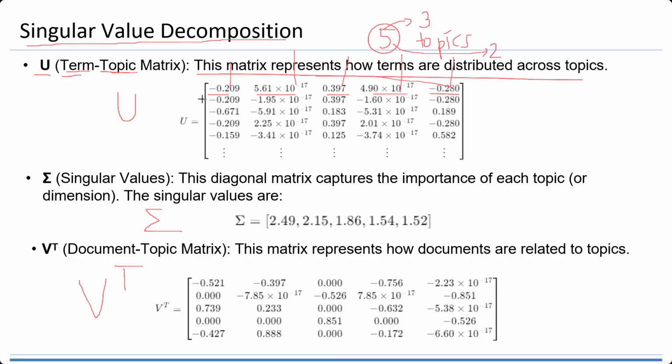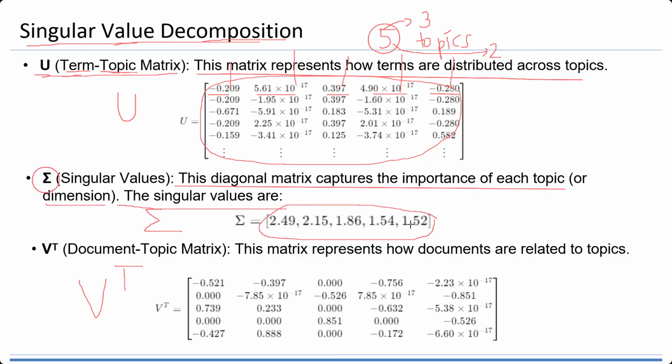So how do we generate this? This uses linear algebra. It is not our part, so I will show you later with Python. After we have the U, the singular value decomposition will also generate the sigma, the singular values. This diagonal matrix captures the importance of each topic or dimension. The singular values are 2.49, 2.15, 1.86, 1.54, and 1.52.